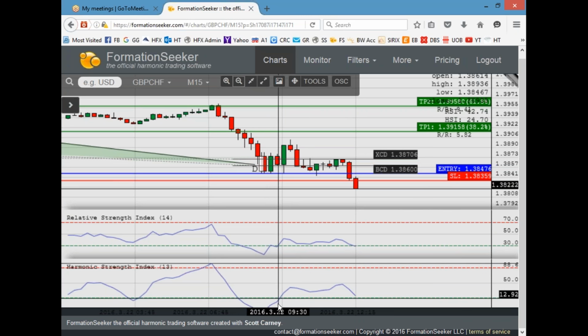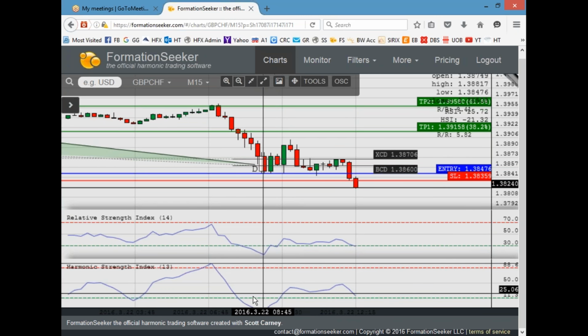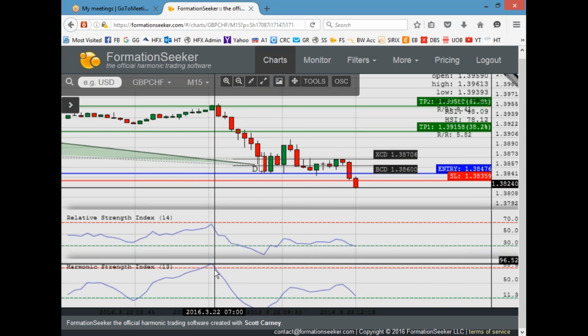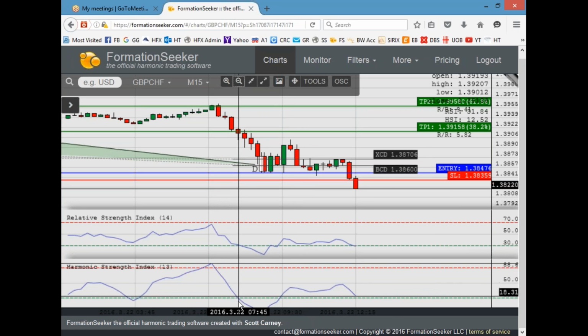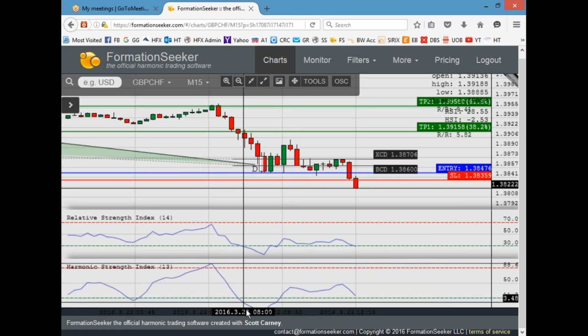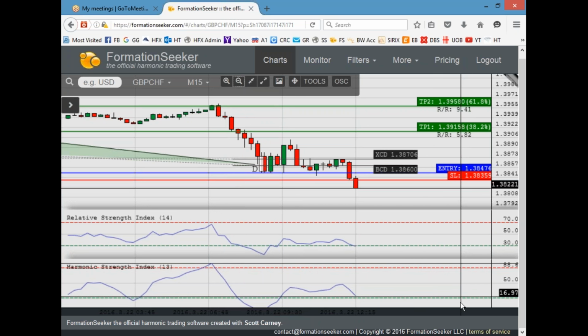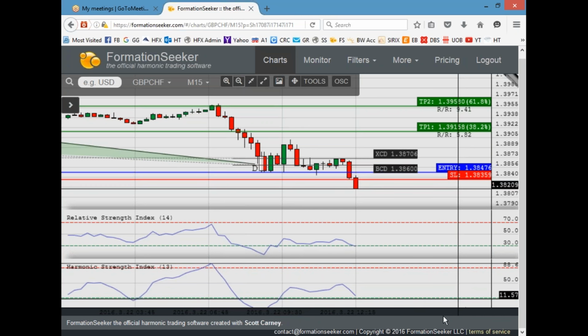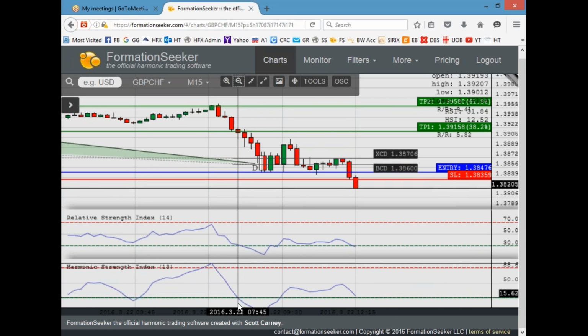The HSI is very sensitive to price movement, and the rule for buying is that, first of all, when you're about to buy, the price must come and touch 11.3. 11.3 is a Fibonacci number. It is the inverse of 886. So what needs to happen is it either needs to go slightly below 11.3 or touch 11.3.